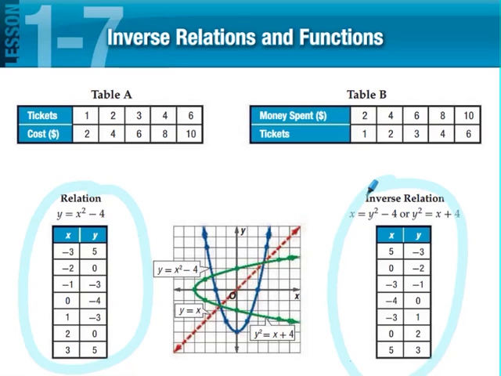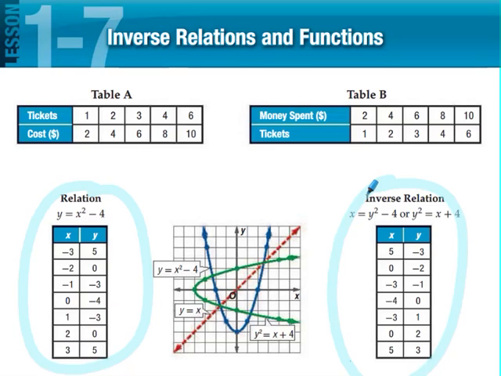They're the same numbers, but they are flip-flopped. The position is switched. Now look at these two relations: y equals x squared minus 4 and x equals y squared minus 4. The numbers are the same, but they are flipped again.